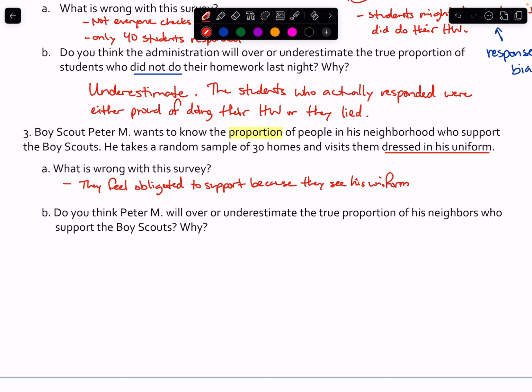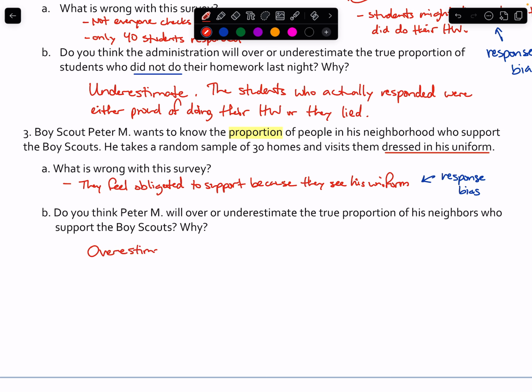So how would we get around that? Maybe we'd have a random person who's not a Boy Scout just show up in regular clothes, right? If I don't know that this person's affiliated with the Boy Scouts, I might be more honest with them. So do you think our Boy Scout, Peter M., will over or underestimate that percentage of neighbors who actually support the Boy Scouts? It's probably going to be an overestimate, right?